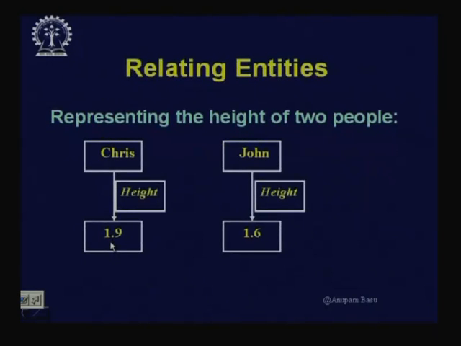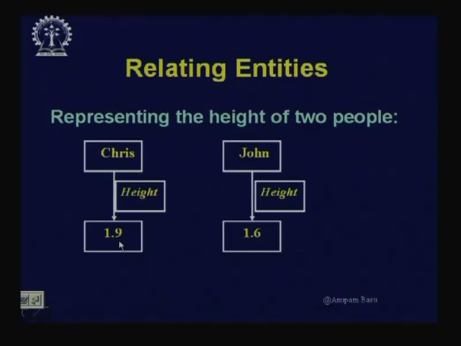Now, here is one more example, a new example which is a little different from what we did in the last class. In this case, you can see that we are trying to represent the heights of two people. Chris is one person and John is another person.